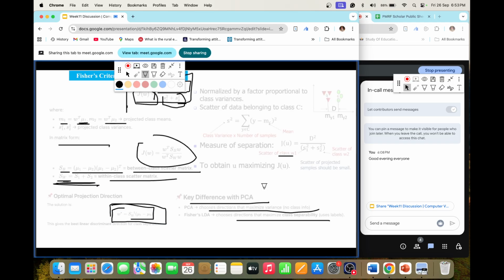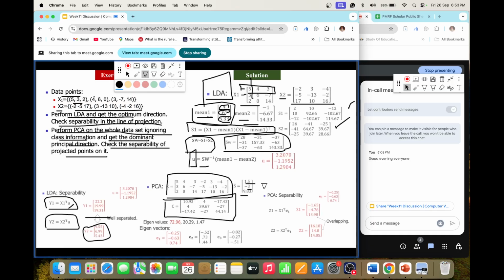Once you have the mean, you subtract it from each data point to get the centered data. Then 1 by the number of data points, that is 6, and you write x bar into x bar transpose.